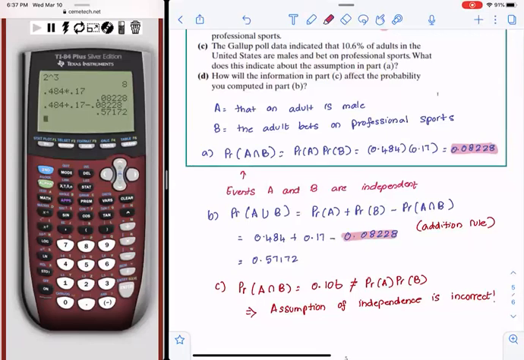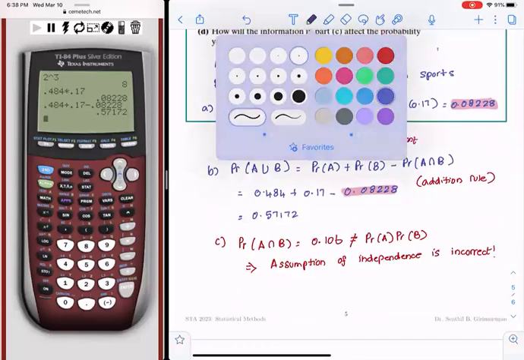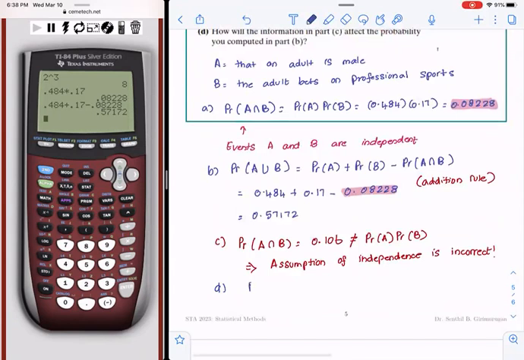If that increases to 10.6%, it is going to decrease the probability that we found in part B. So probability of A union B is 0.484 plus 0.17, but only this time it is not what we had, rather it is 0.106.